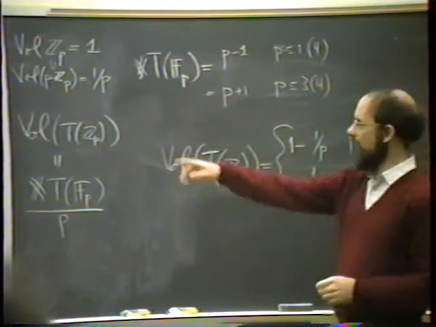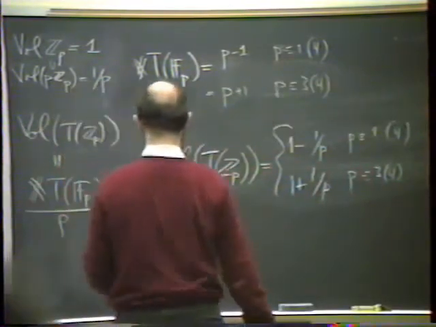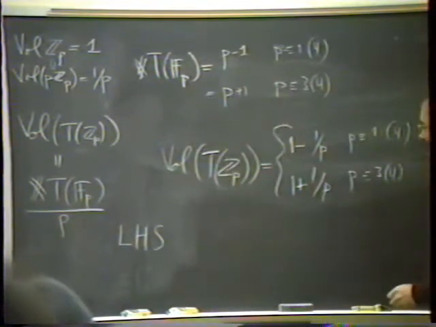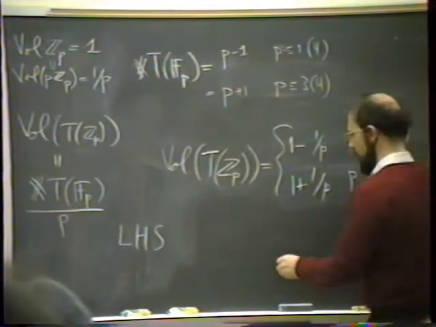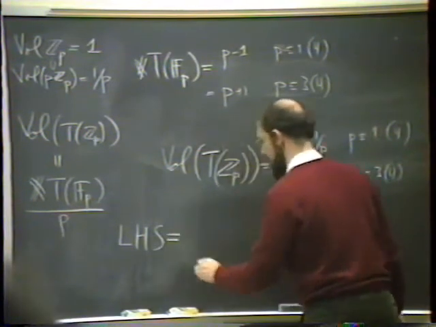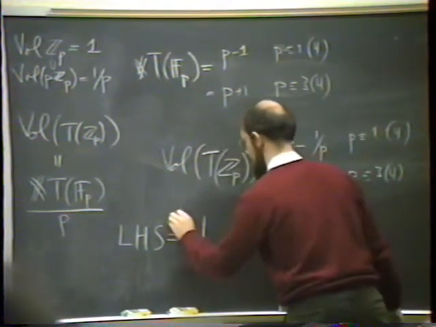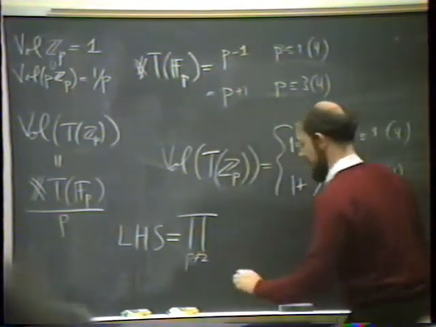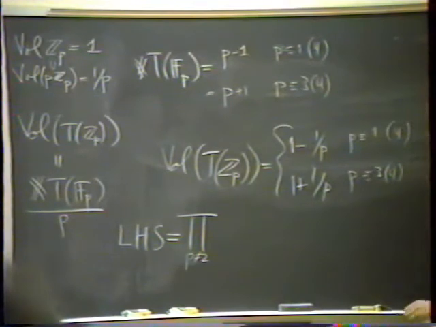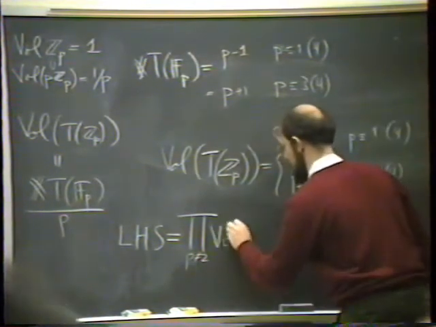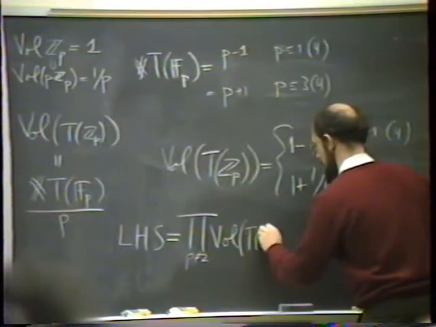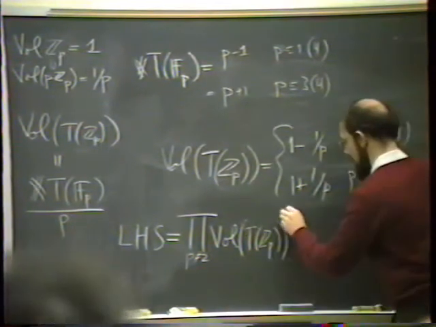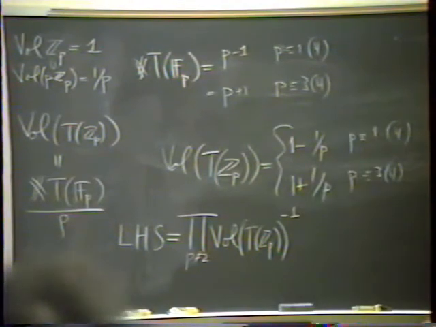And therefore, the left-hand side of this mysterious equation, if you do a little manipulation, you find that this is equal to the product for p not equal to 2, we leave out p equals 2, of the volume of the T(Z_p), and these numbers, inverse.